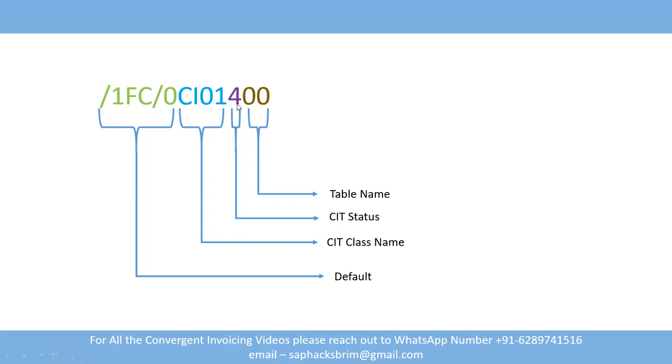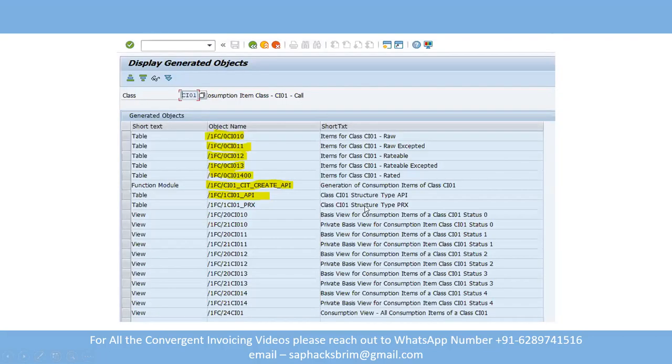So /1FC up to here is by default, CI01 is my consumption item class, and 0 is going to be raw. Raw means 0, 1 means raw accepted, 2 means rateable, 3 means rateable accepted, and 4 means rated. This is the way you can understand the table name, and this is the naming convention behind each and every table. So these are my function modules and everything.